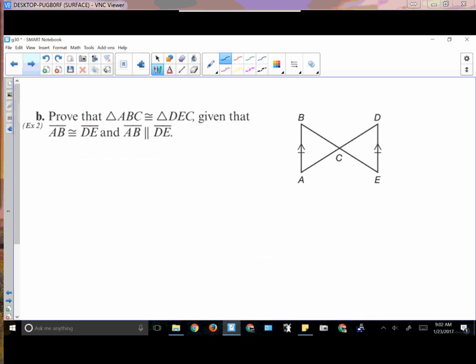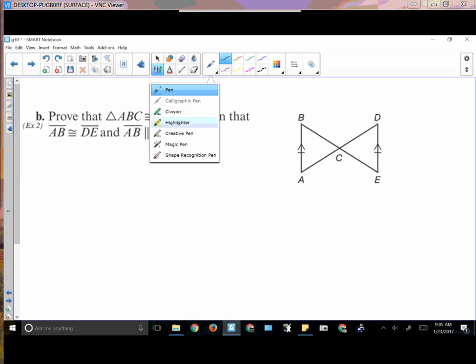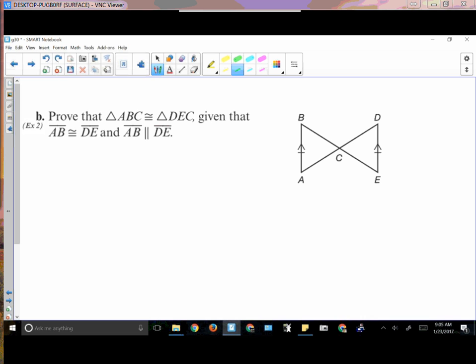So, give me another couple of minutes and then I'll let you. All right. Now, what you do is just see if yours followed the same pattern that mine did. So to start off with, I want to prove that the triangles are congruent.